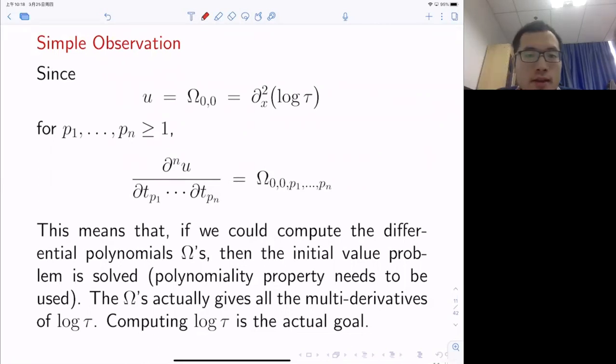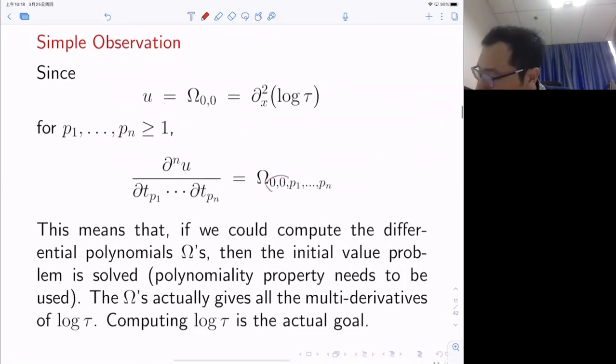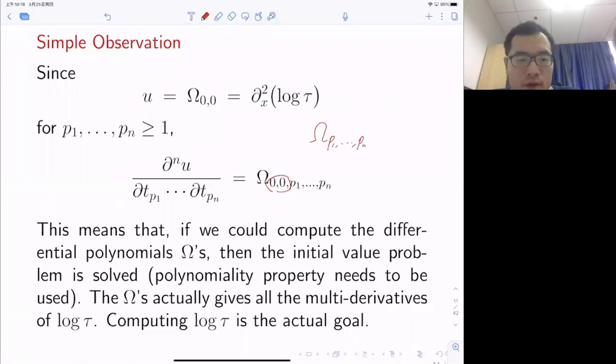What is more is that here we only use omega 00, and all of these omegas actually give all the multi-derivatives of log tau. So it means if we have all the multi-point correlation functions, then we know tau, we know log tau.